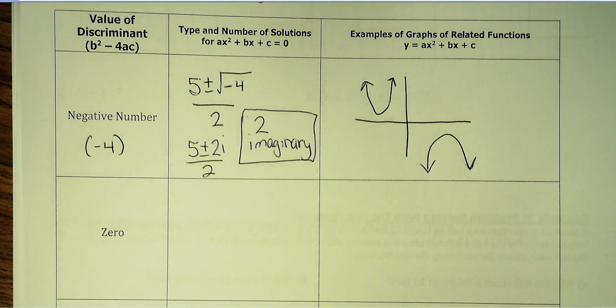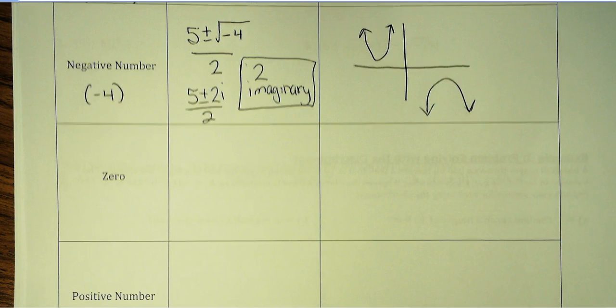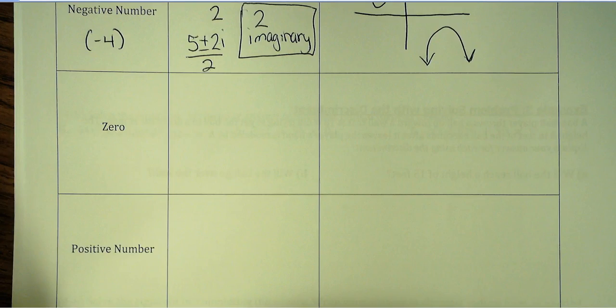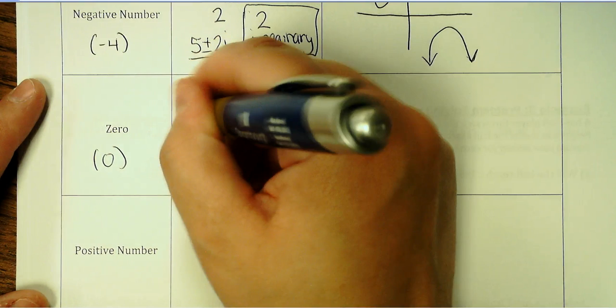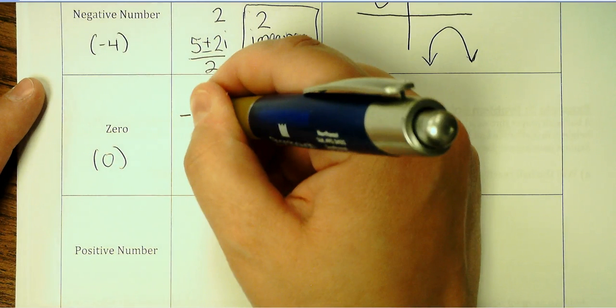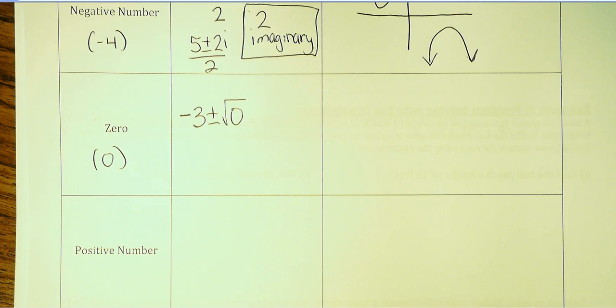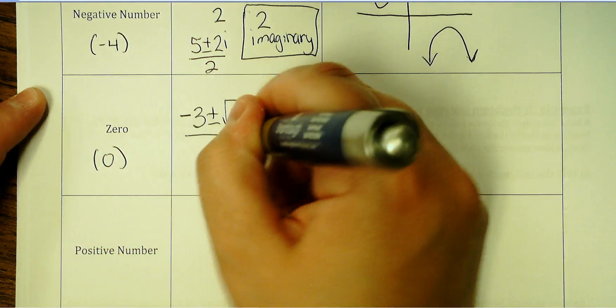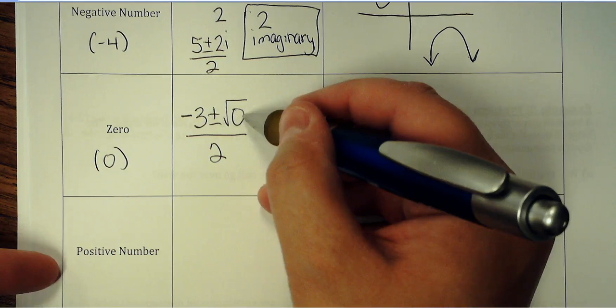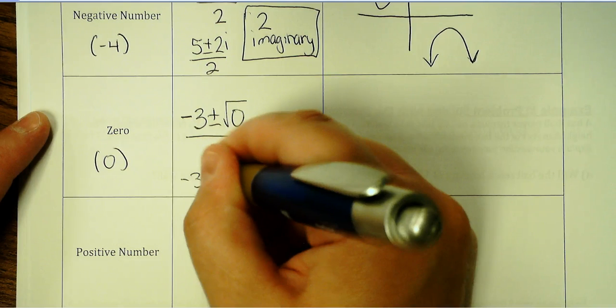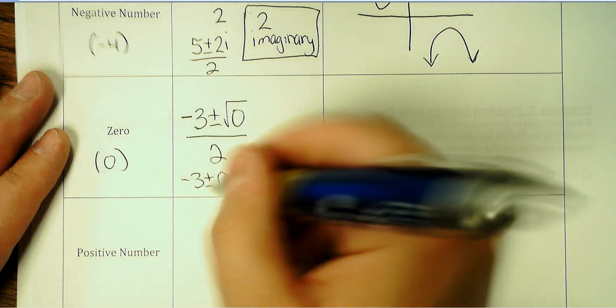All right, second thing that's a possibility for your discriminant is 0. So again, I'm just going to make up an example here. So let's say I had negative 3 plus or minus the square root, and we ended up with 0 as our discriminant. And then maybe on the bottom this was just 2. Well, what's going to happen here, the square root of 0 is just going to be 0.